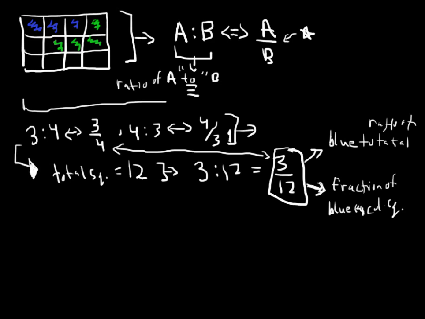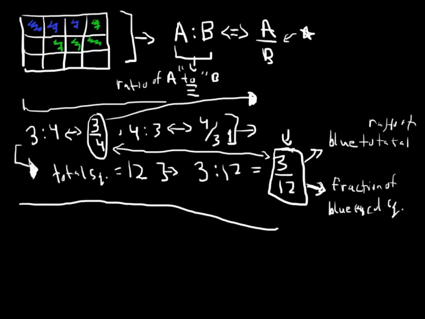If the question asked that and you wrote 3 over 4, that would be incorrect. That is only a comparison of two of the same things, two colors. This right here is a comparison of a color to the total.